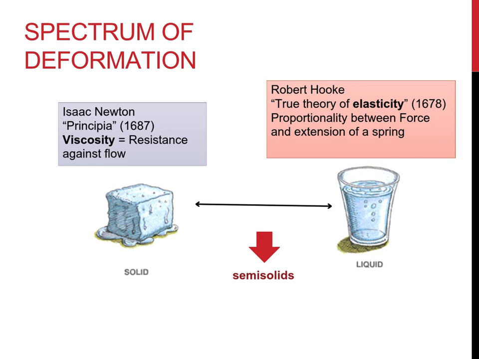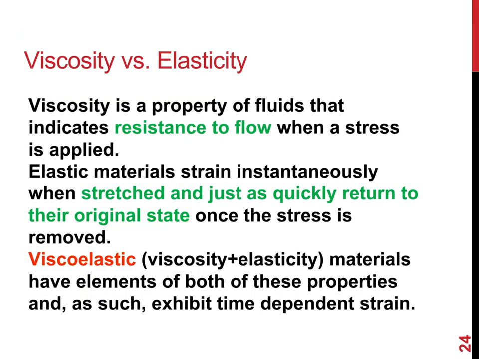Viscosity is defined by Isaac Newton, which means the resistance against flow, and elasticity is defined by Robert Hooke, which means a proportionality between force and extension of a spring. So what's the difference between viscosity and elasticity?